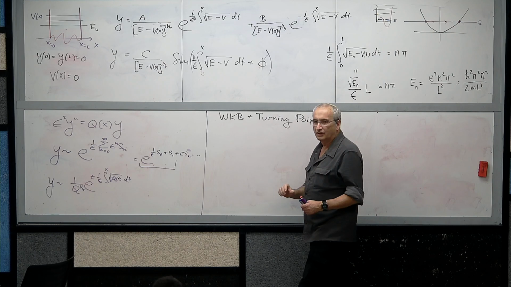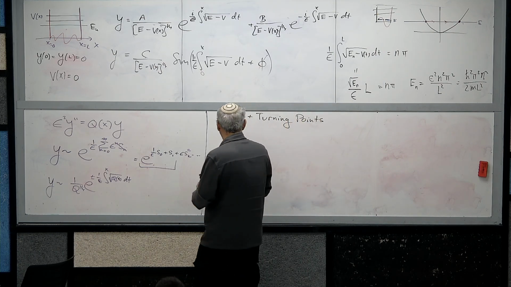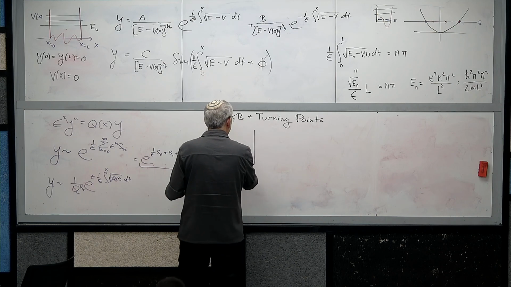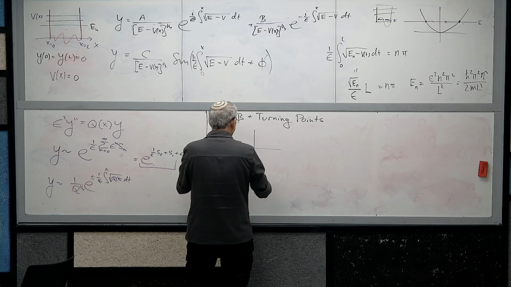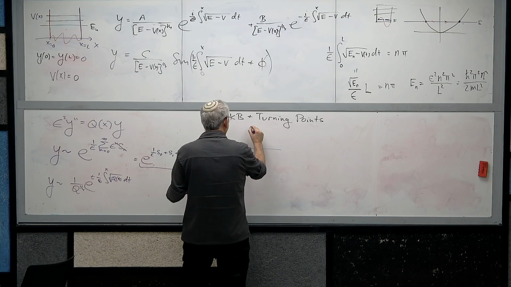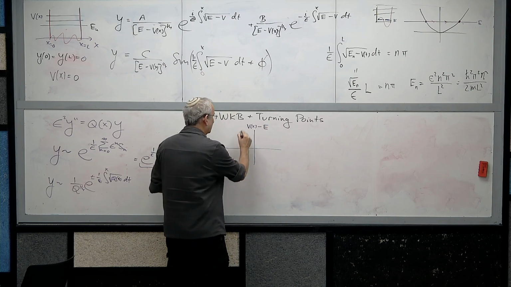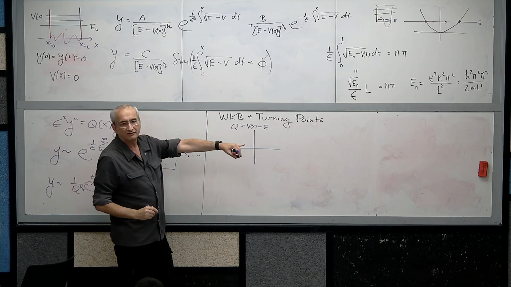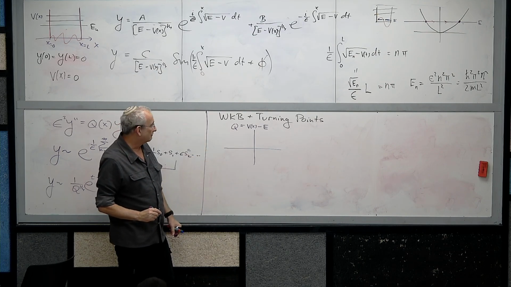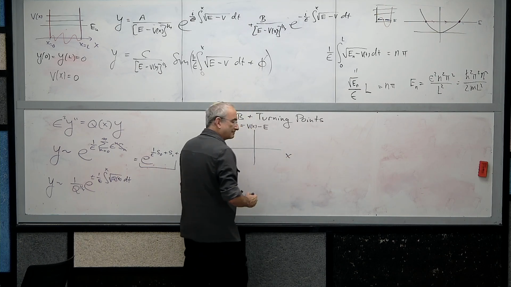So I begin with a single turning point. Okay, what is a single turning point? Let's make ourselves clear. What I'm going to plot here is V of x minus E. So this is our Q. Remind you, this is our Q, V of x minus E, as a function of x.